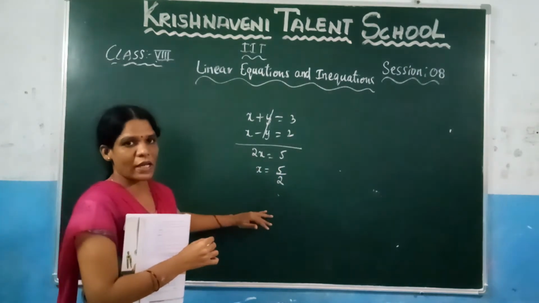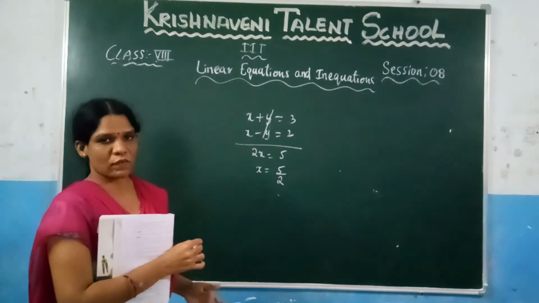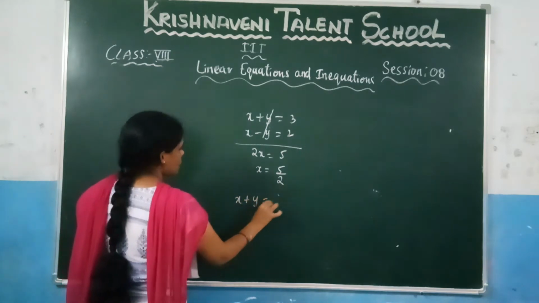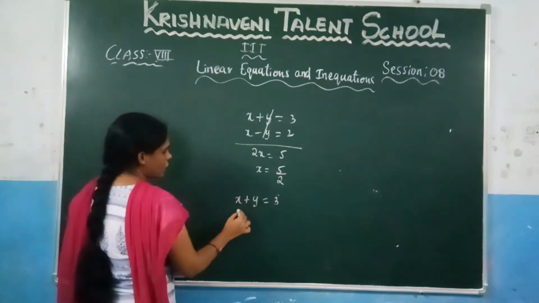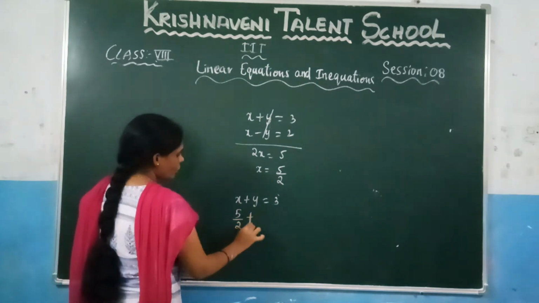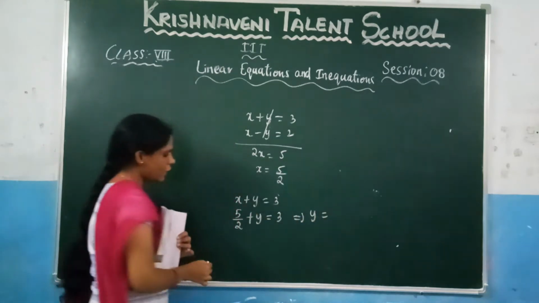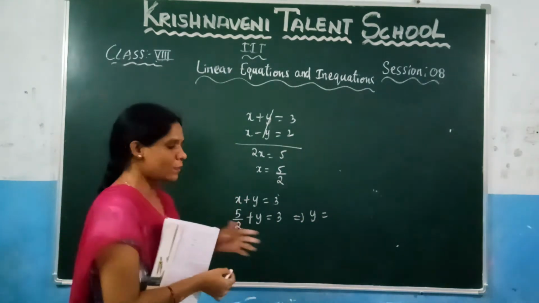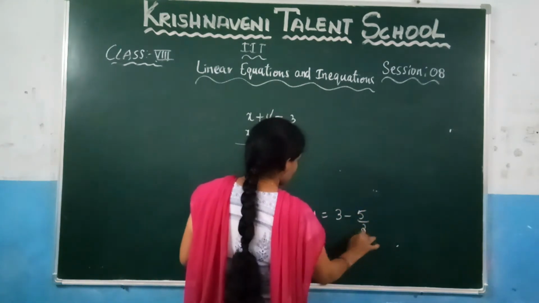If you want to find the value of y, you need to substitute in any of the equations. So let us take the first equation, x plus y is equal to 3. Now the value of x we got is 5 by 2, so 5 by 2 plus y is equal to 3. Then what is the value of y? If you take plus 5 by 2 to that side, it will become minus 5 by 2, so you will get 3 minus 5 by 2.